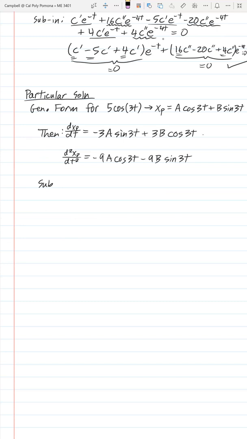And going ahead and substituting in. And here's where things get a little long, so my apologies in advance. So substituting in, we get a negative 9 for our second derivative, negative 9 times a cosine 3t. But hopefully you're seeing, and this is, again, something that I said before, look at what's happening to the argument of all the coefficient functions and the exponential functions. They don't change, right? As I'm taking these different derivatives, they don't change.